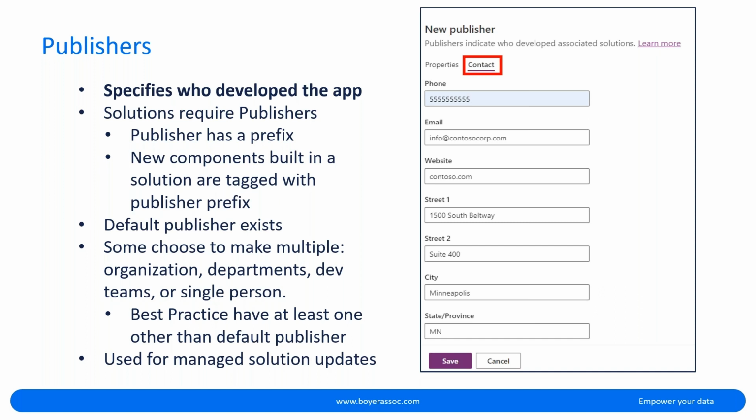Or if it's an ISV that you're installing a solution from, they would probably have contact information there, so you can quickly see who has made changes to certain pieces of the software, and then you can contact them and say, okay, well, something might not be working correctly, or we need something to be enhanced. So you can quickly go in there and contact them.